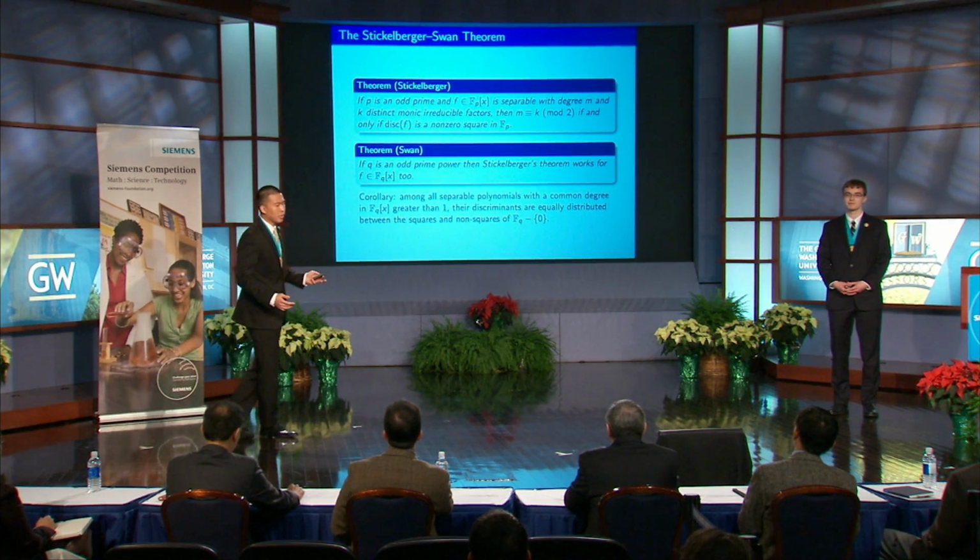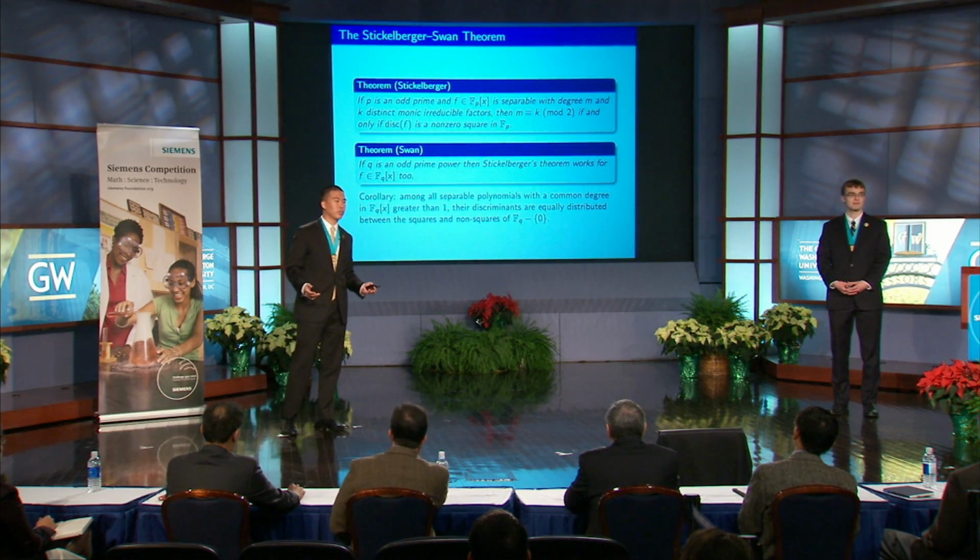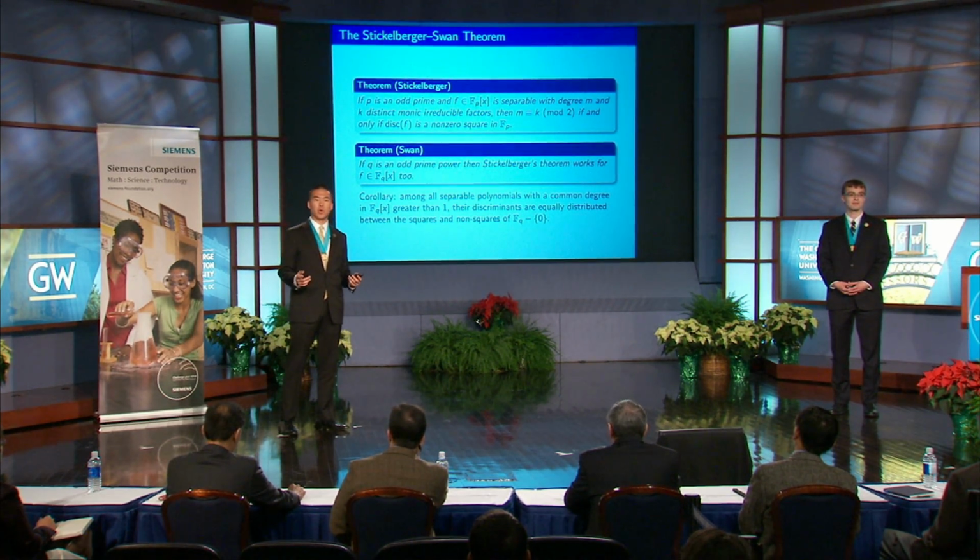The specific topic of discriminants over Fq has been studied for over a century. In 1898, Stickelberger proved that for an odd prime p, the parity of the number of irreducible factors of a polynomial with coefficients in the integers mod p is completely determined by two things: the degree of the polynomial and whether its discriminant is a square.